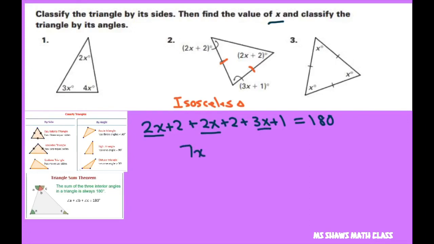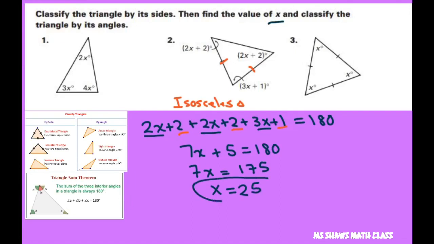And then adding our constants, we have 2 plus 2 plus 1, that's plus 5, equals 180. So we have 7x, subtract 5 from both sides, that is 175. And you take 175, divide it by 7, and that gives you x is 25.